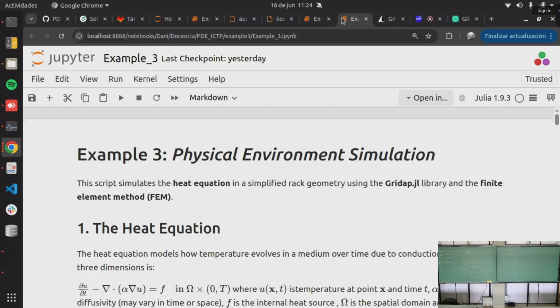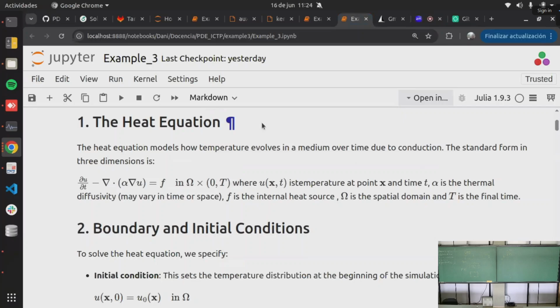Unlike the other two examples, this one is linear with a single variable, but the interesting thing is that it's a parabolic equation, so we will have to do the time evolution. That is the fun part. Our main goal is to solve this equation for the temperature U in this domain.